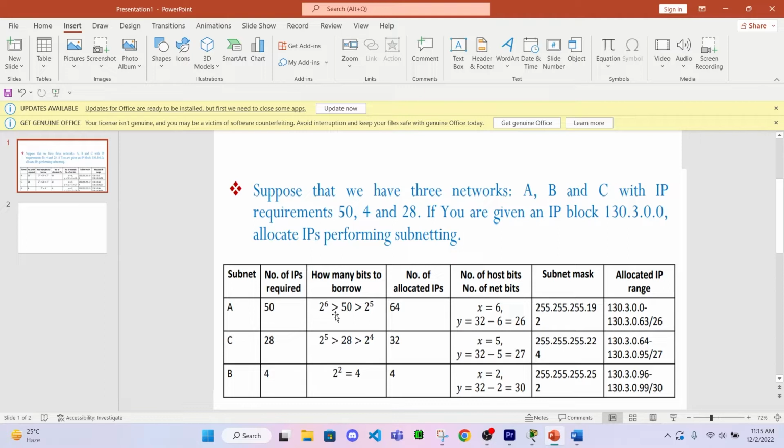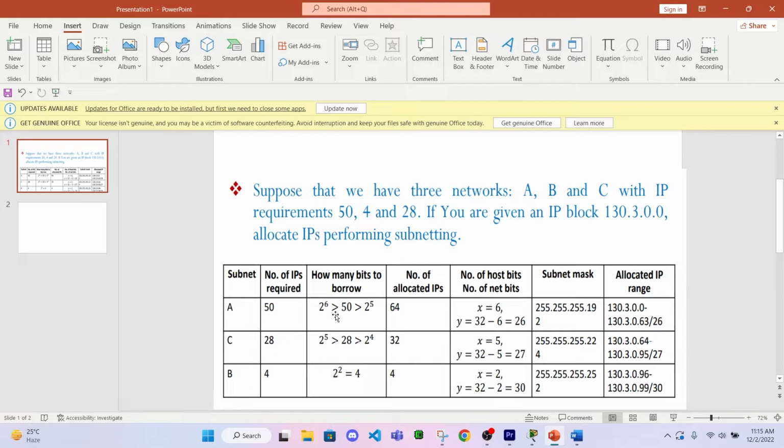And 50 is greater than 2 to the power 5, that means 50 is greater than 32, as the value of 2 to the power 5 is 32. Then network C comes, with 28.